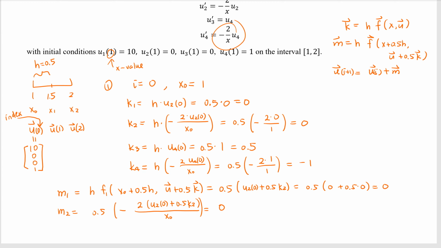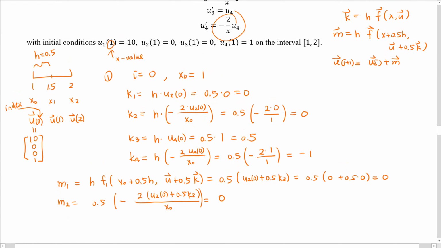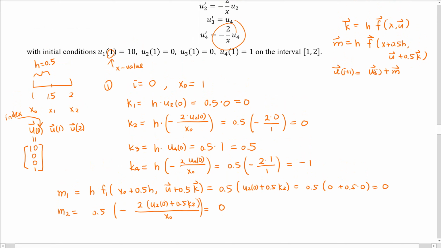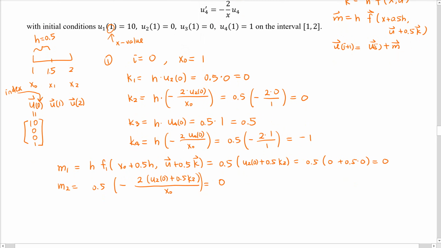Alright, let's continue. M3. Next one, F is U4. I don't know whether I have enough space. Let's do M3 here, if you don't mind. This is 0.5 times U4.